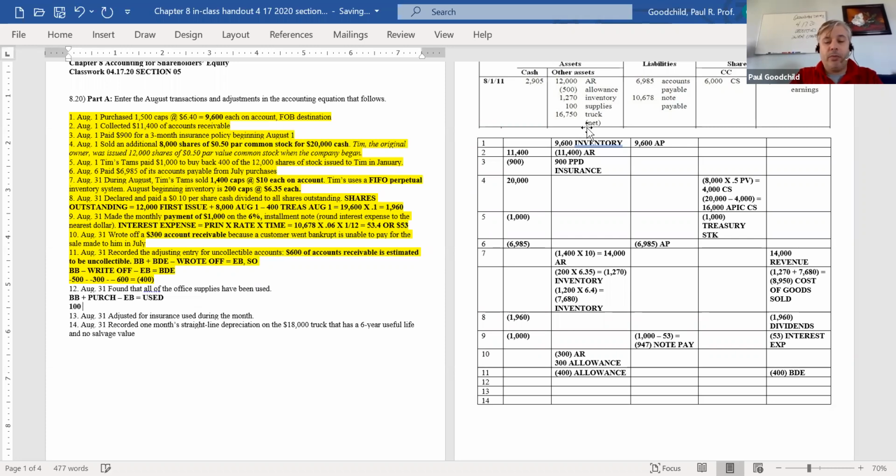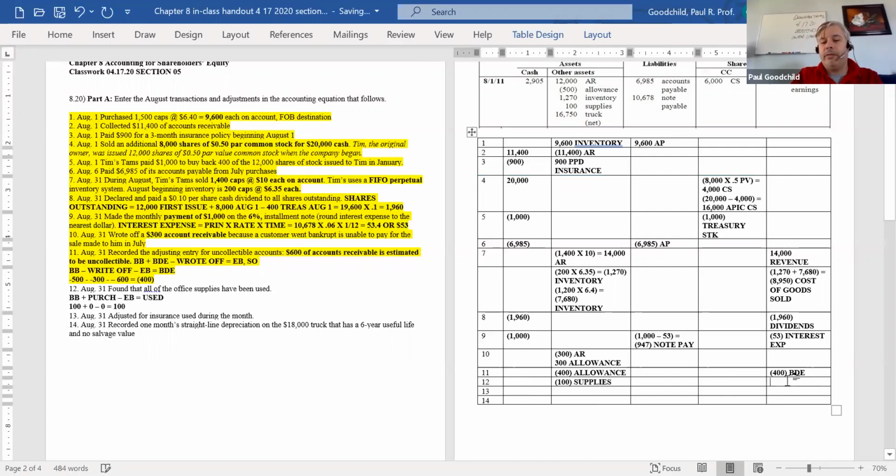We don't have any purchases, and our ending balance is 0. And so what we've used is 100. So we have to reduce our supplies by 100, and we have supplies expense of 100.